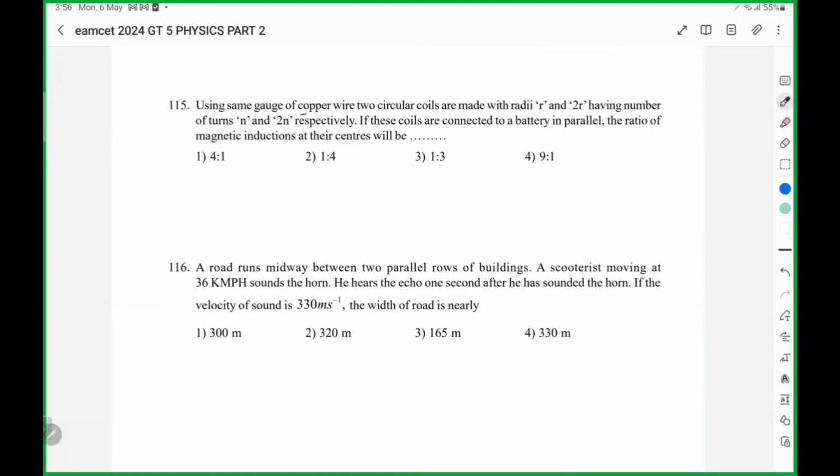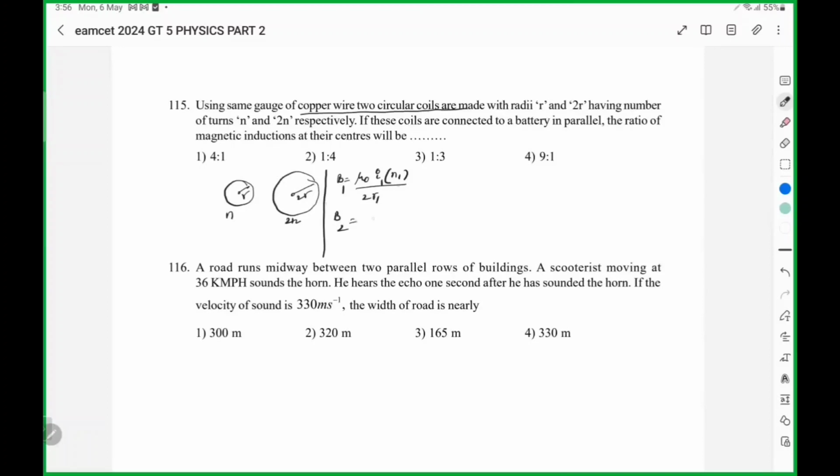Using the same gauge of copper wire, two circular coils are made with radius. One circular coil is made with radius r, the other circular coil is made with 2r. So here you have n turns, here you have 2n turns. So the magnetic field at the center of a circular coil is mu naught I n1 by 2r1.